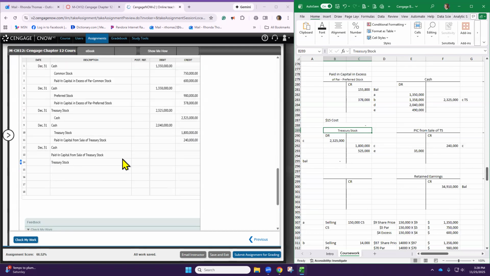Okay, so I'm going to put this in. I don't know whether we're going to be right or not, but this is how it would work as far as I know. Cash is going to come in, paid in capital, 525,000, and then that goes to treasury stock. That's all that's left of treasury stock. Paid in capital from sale of treasury stock, 35,000.